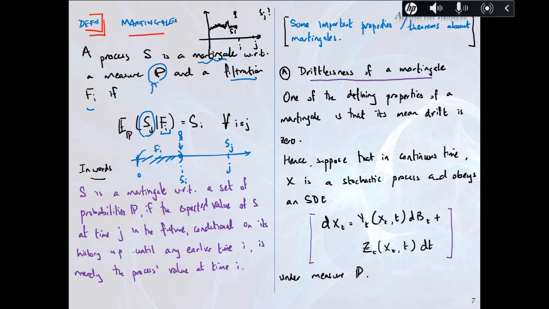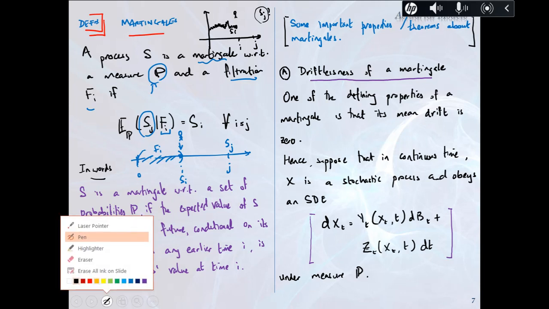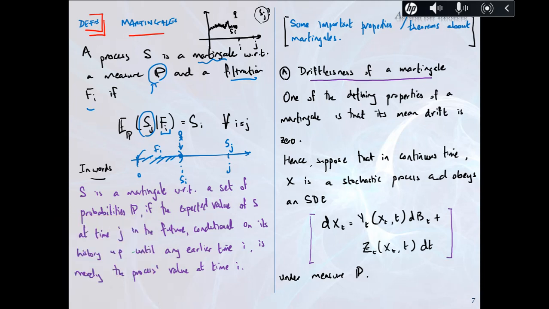What the definition is saying is that the expectation of Sj, given that set of information here, will be equal to Si, the value which is here.